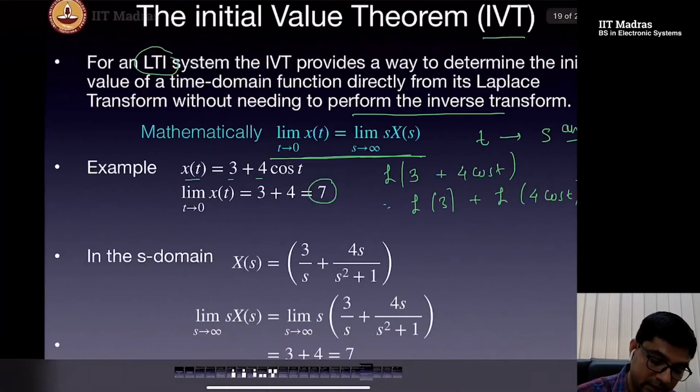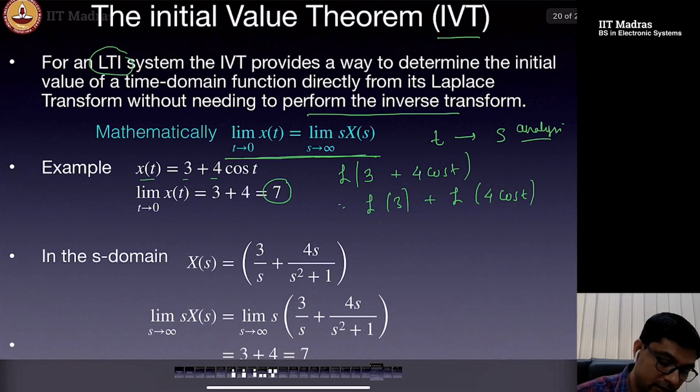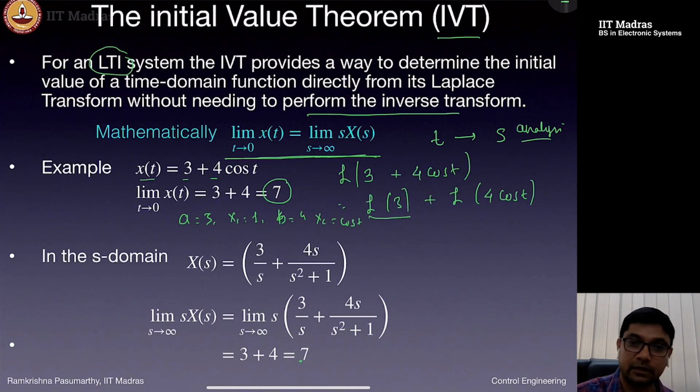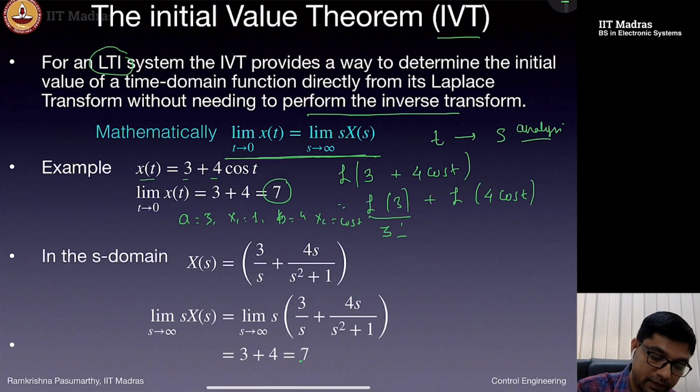Okay, so here a is equal to 3, x1 is just 1 or the unit step, b equal to 4, and x2 is cos t. Okay, so this is nice. So this will be 3 times the Laplace transform of the unit step, which is 1 over s, plus 4 times the Laplace transform of cos t.